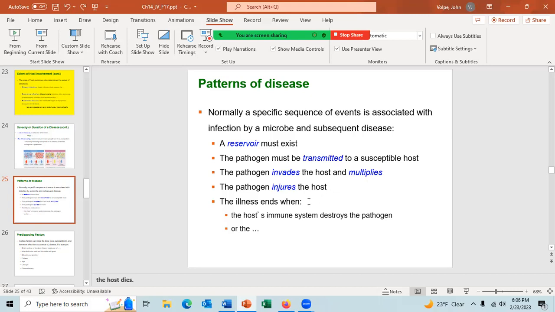The illness then ends either when the host immune system destroys the pathogen, or perhaps a vaccination or antibiotics destroys the pathogen. So the pathogen gets destroyed. That's the main point. Or the pathogen kills the host. That's the other way the illness could end.